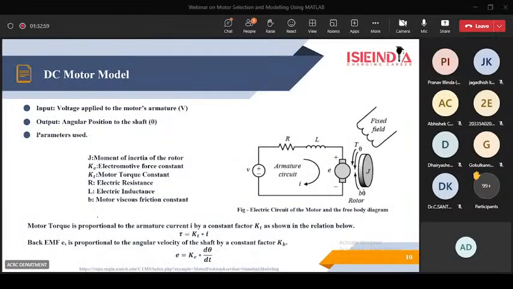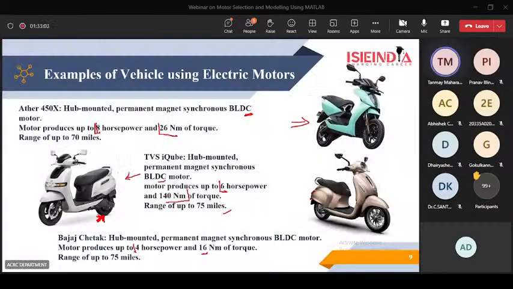Sir, can you go to the previous slide? Here, the first is the Ather 450 and the next is the TVS. If we compare the motors, the TVS requires 6 HP and the Ather requires 8 HP, but the torque is more in the Ather, so maybe the speed is different, right? Let me confirm first.